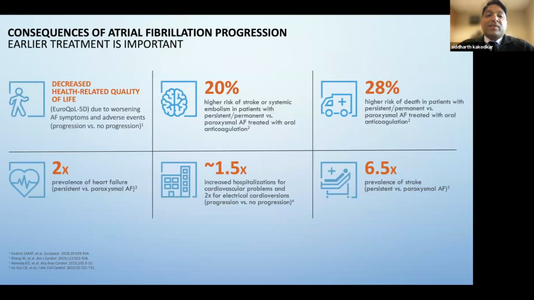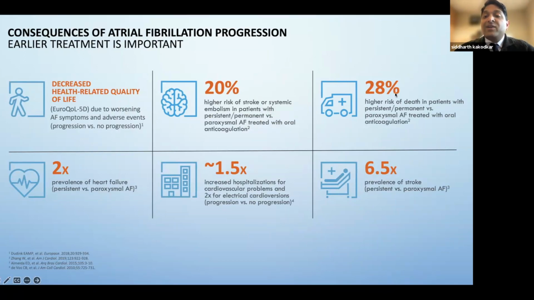And so there are consequences of AFib continuing on without any treatment. There's decreased quality of life. There's a 20% higher risk of stroke with AFib compared to normal sinus rhythm, even when they're on blood thinners.